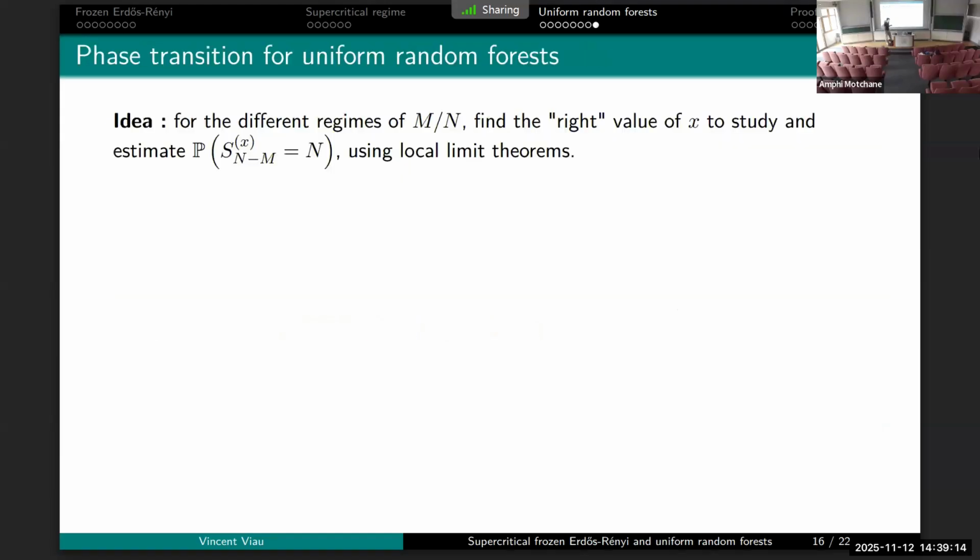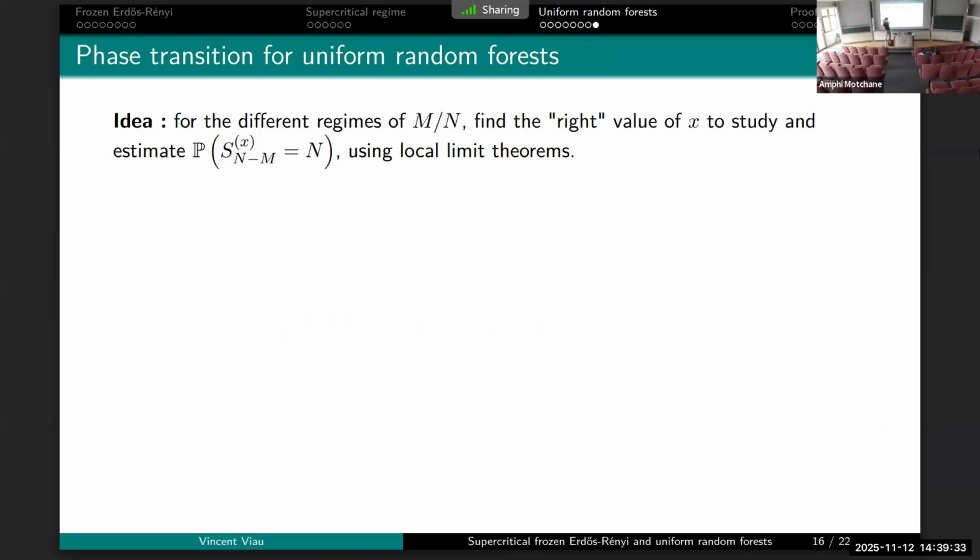And so again, the idea is that for different values of n and m, we find the right value of x to study and estimate these probabilities for the random walk by the use of local limit theorems.